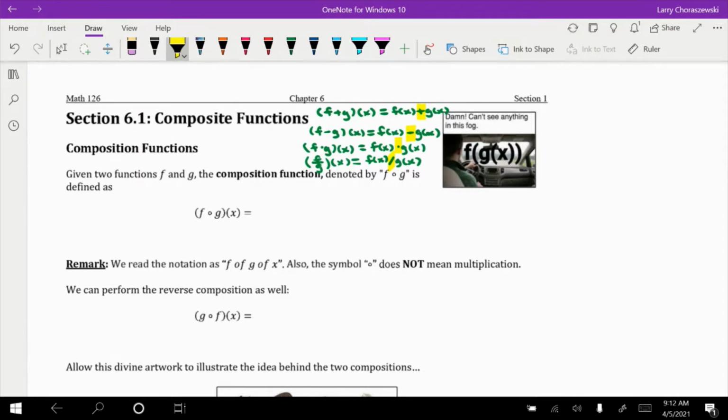There's something else that we can do with two functions, which is more akin to the turducken and Bay Kraken scenarios. Given two functions, f and g, we can form what's called a composition function, which notationally we'd see as f circle g, or g circle f. That kind of looks like the word fog, which is why I have this meme here. And if we look at the left-hand side of what I wrote out up here in green, we have kind of like a starting notation, f plus g, f minus g, and so on and so forth.